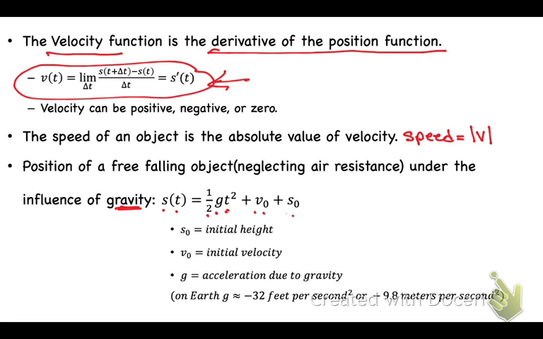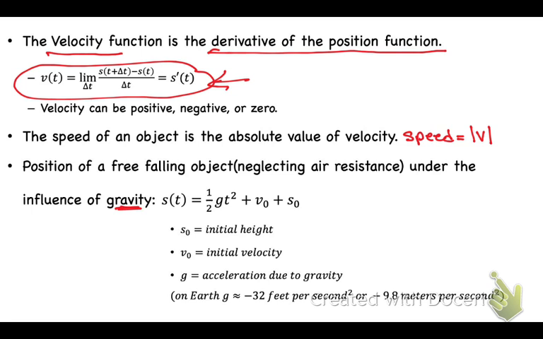Most of these will be made for you, but it's really not that hard to do. On Earth, gravity is negative 32 feet per second squared, or negative 9.8 meters per second squared. That is a fact that you should know, because from time to time you will have to write those.